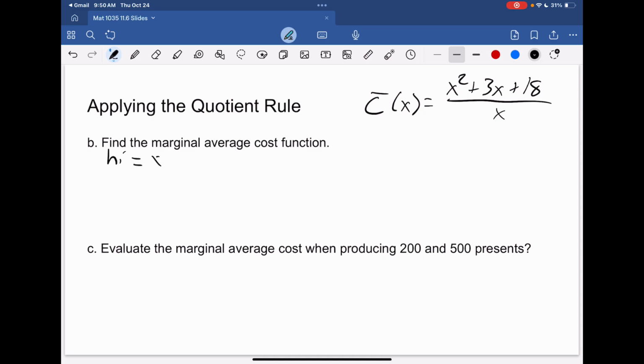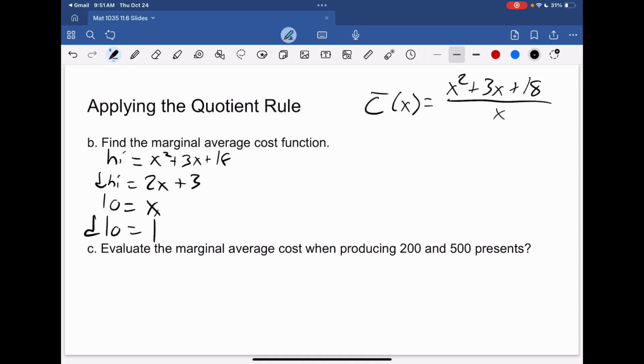So high is x squared plus 3x plus 18. My derivative of the top, or d high, is 2x, just using the power rule, plus 3. My low is x, so that's not bad at all. My d low is 1, so the derivative of x is 1.